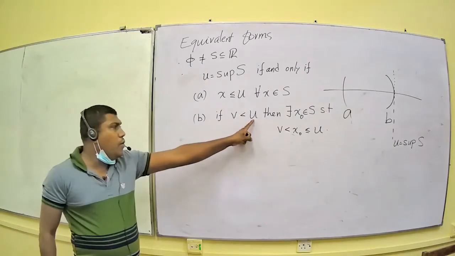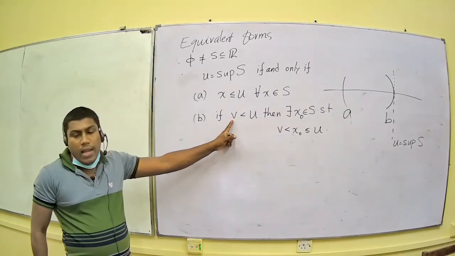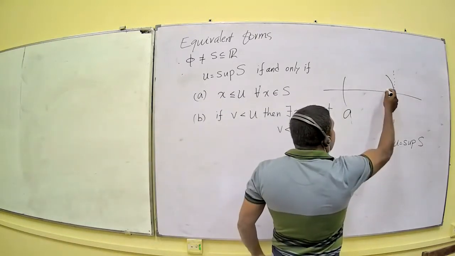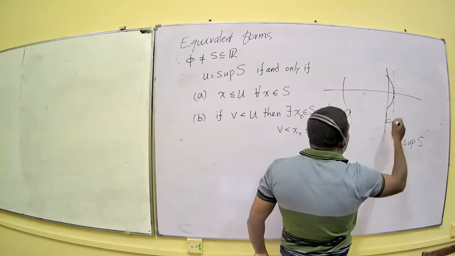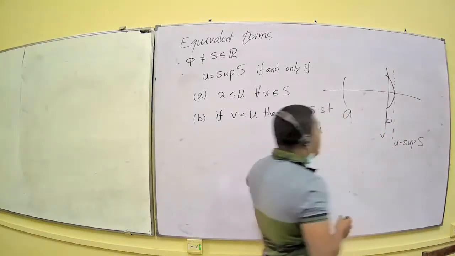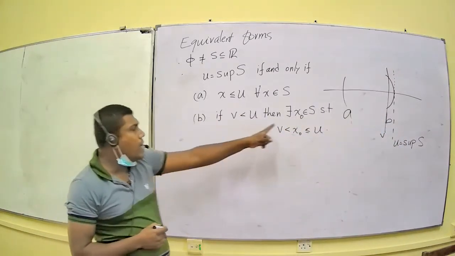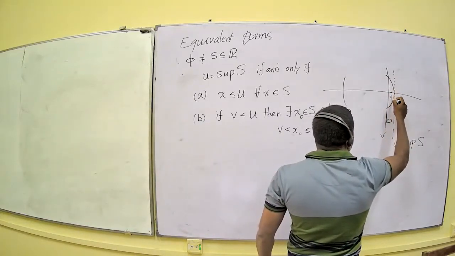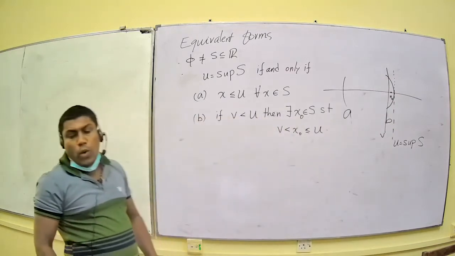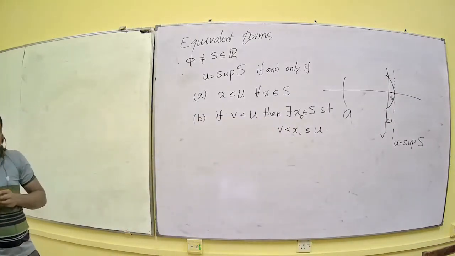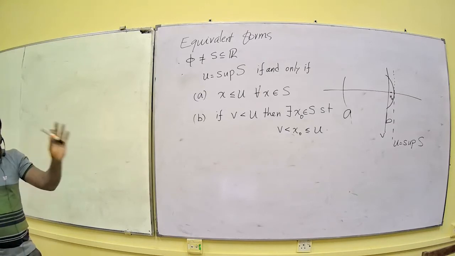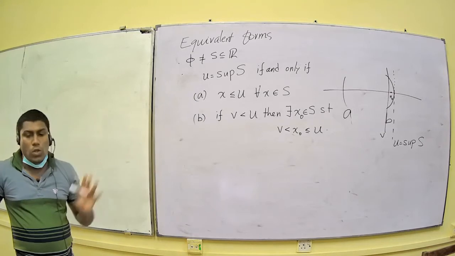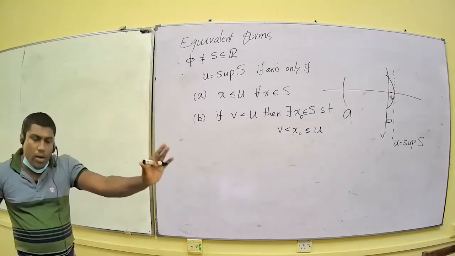Here they say if you pick a value smaller than U, so if you go a little below it and draw a line B, you will at least find one element x naught in between B and U. That is what we mean by supremum, because the supremum is the least upper bound, so it should be very close to the largest element.